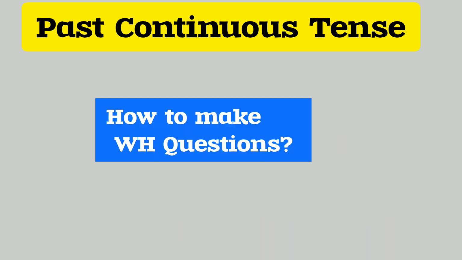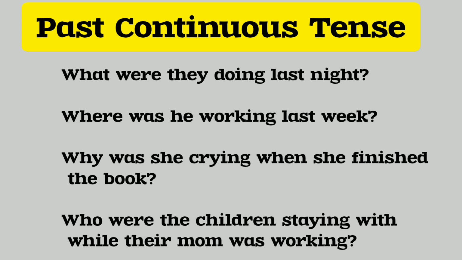Now I'll go into how to make WH questions for the past continuous tense. Look here. Now we have what, where, why, who. Let us look at the first sentence. What were they doing last night? The subject of this sentence is they.